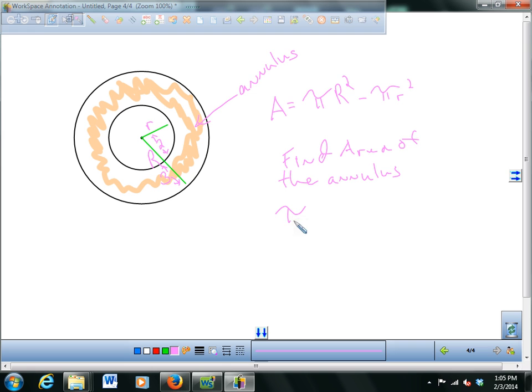What's big R? It's 5, because if this is 2 and this is 3, the big radius is 5. So pi times 5 squared minus pi times 2 squared, which is 25 pi minus 4 pi, which is 21 pi. And if this is inches, that would be inches squared. That would be an exact answer. If they asked you to round to the nearest tenth, then you multiply 21 times pi.